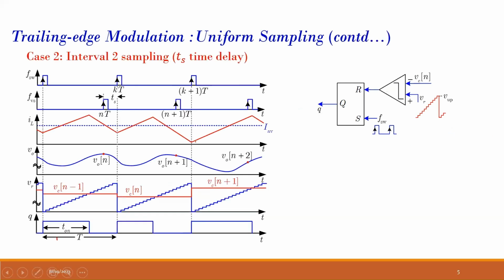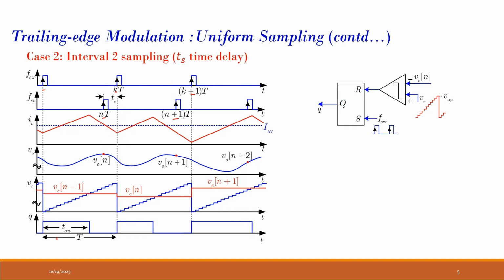Now let us consider a case when there's some delay. This is my switching clock, which is coming at its repeated duration. But now we have a sampling clock which is advanced. The sampling clock comes earlier than the switching clock. So effectively, the sample of the output voltage is taken when the inductor current is falling.